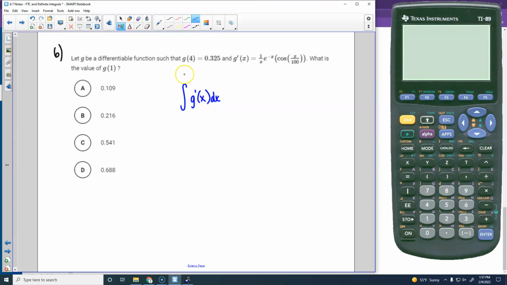What should I use as my limits? 1 and 4. Because I know what 4 is, and I need to know what 1 is. So if I integrated g prime, I would get g. So this would be g of 4 minus g of 1.